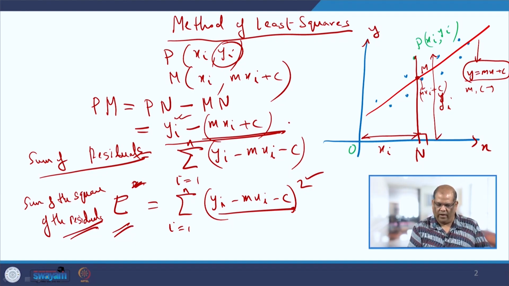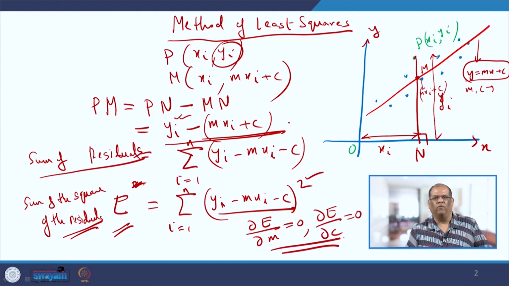So, you have the error square, and then you minimize this error with the help of our known calculus: you find the derivative with respect to the parameters, put them equal to 0 and calculate the values of m and c in terms of yi and xi.